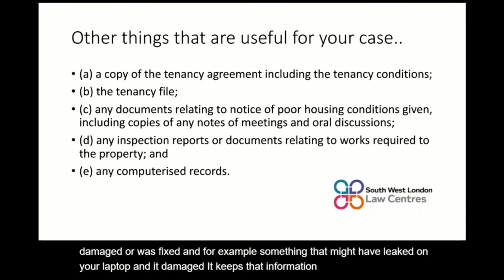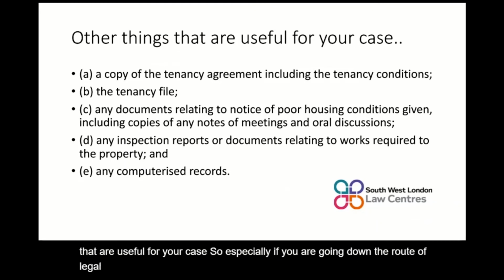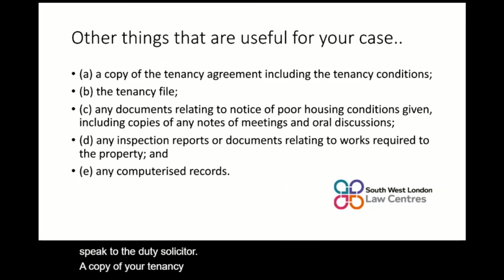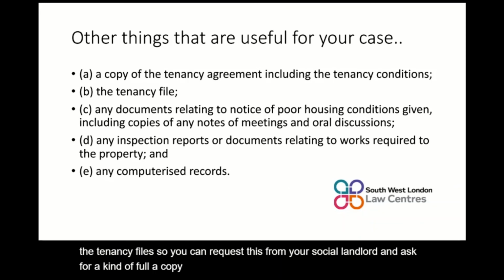So other things that are useful for your case. Especially if you are going down the route of legal advice, or if you have a rent arrears eviction and you want to speak to the duty solicitor: a copy of your tenancy agreement, including the tenancy conditions, the tenancy file, so you can request this from your social landlord and ask for a copy of your housing file, basically.